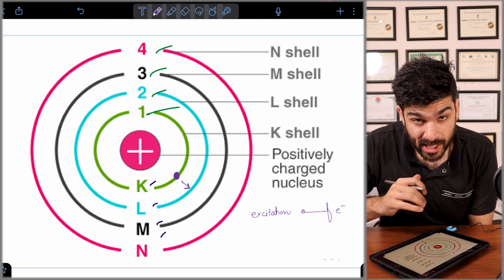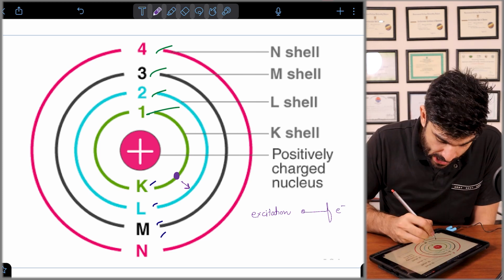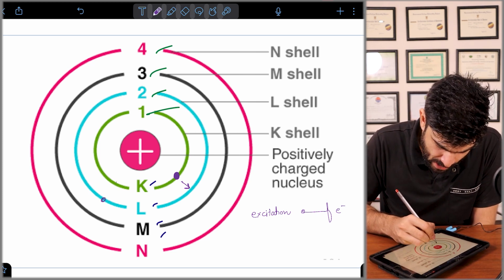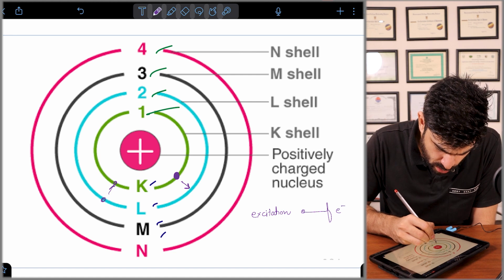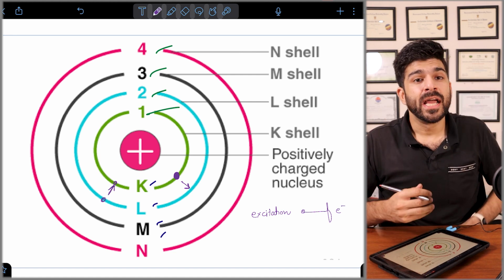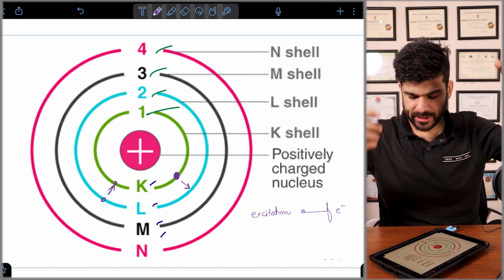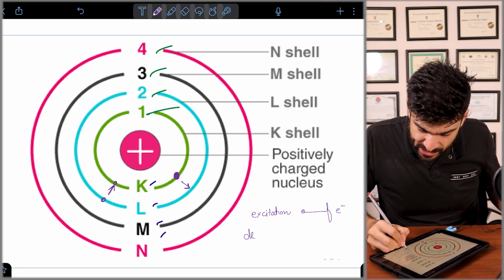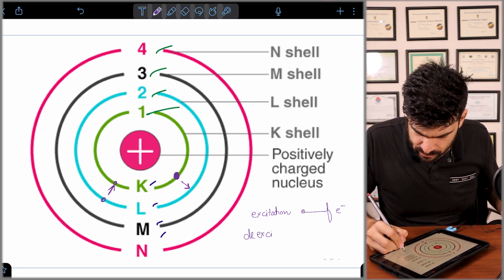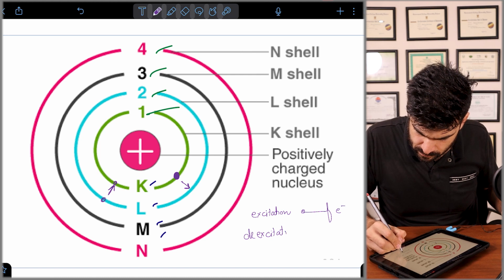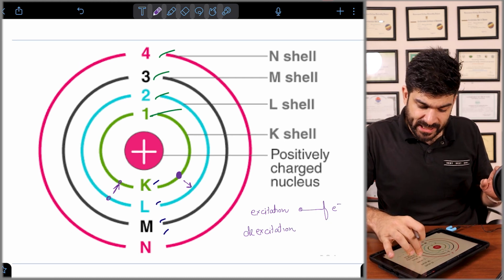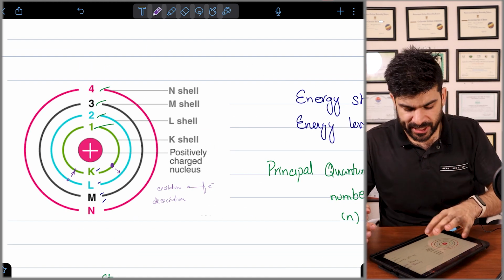Sorry for this digital error, it happens. Now, if I have an electron here and it has to go to a lower level, it will give out energy. So that is de-excitation. That is the whole concept of excitation and de-excitation.